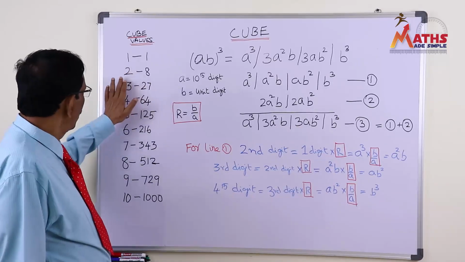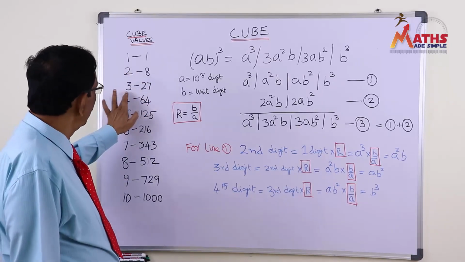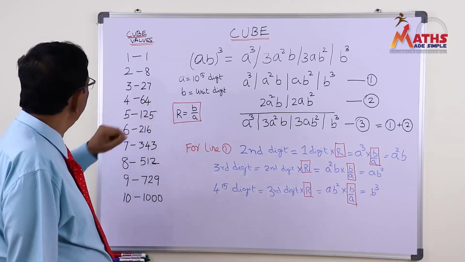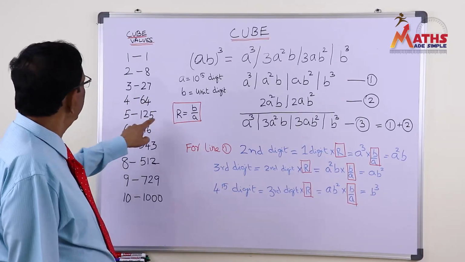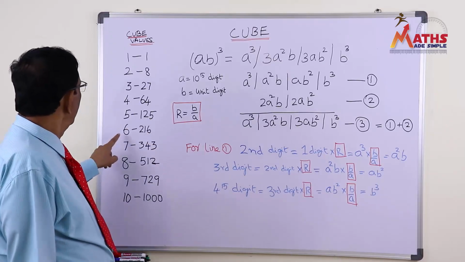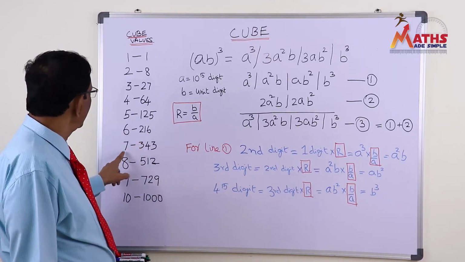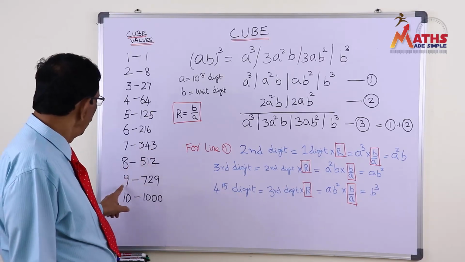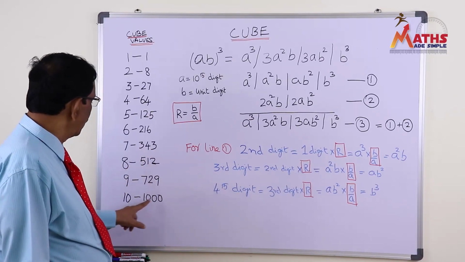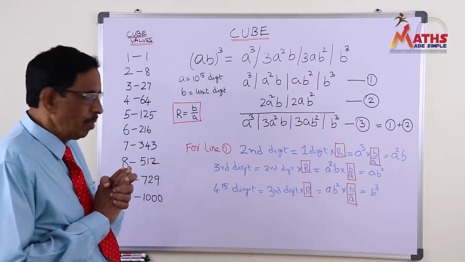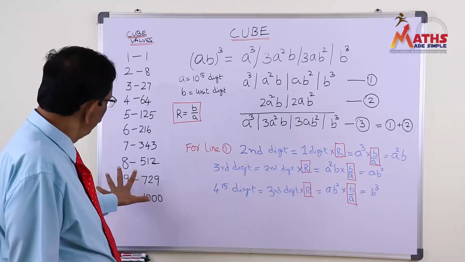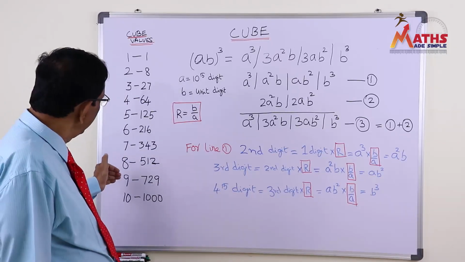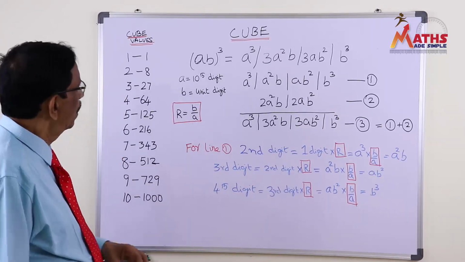For 1 it is 1, for 2 it is 8, for 3 it is 27, for 4 it is 64, for 5 it is 125, for 6 it is 216, for 7 it is 343, for 8 it is 512, for 9 it is 729, for 10 it is 1000. Okay, now we know the value of the cube of any single digit number.